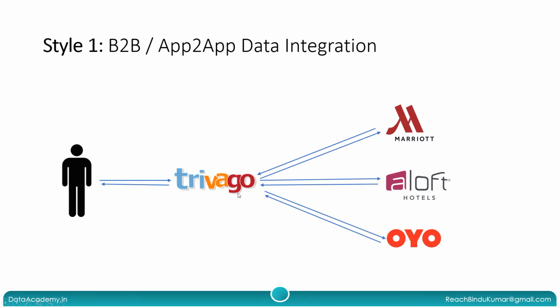That information is sent back to Trivago, and Trivago then sends it back to the customer in various formats. It may be through a browser, an email confirmation, or maybe even a mobile message, or all of these combined together, right? So this is also an example of B2B data integration.